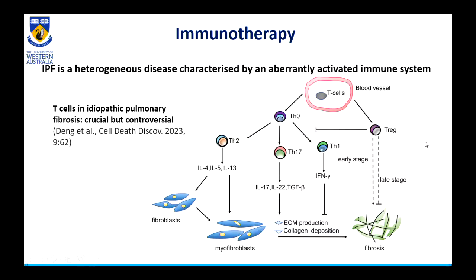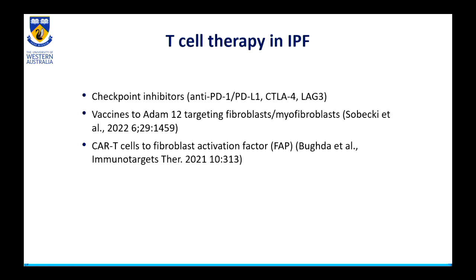And then we've got a problem with T regulatory cells that can't control the T cell milieu, which can also lead to fibrosis. So we know that T cells are important. There's a great little review called T cells in idiopathic pulmonary fibrosis, crucial but controversial, which just highlights the fact that people still don't fully understand the importance of the immune system in fibrosis.